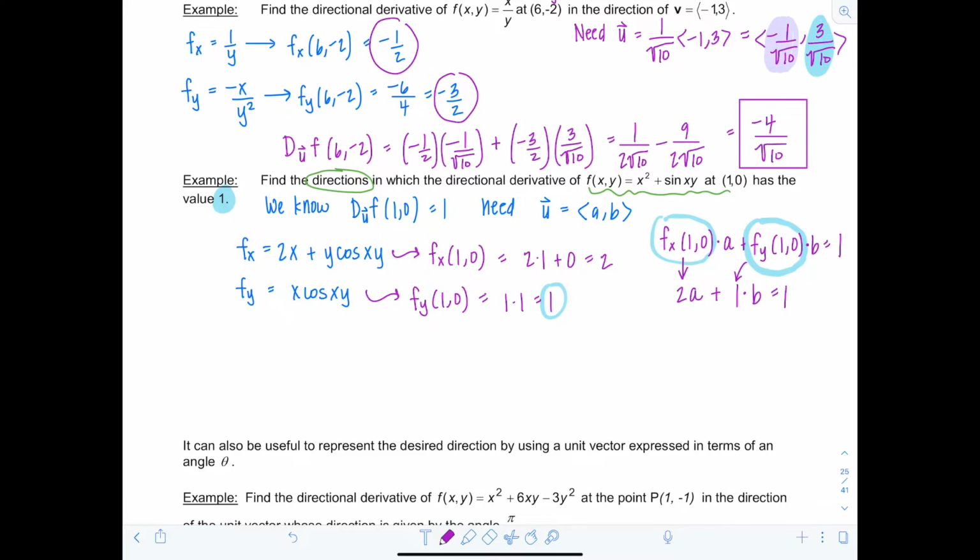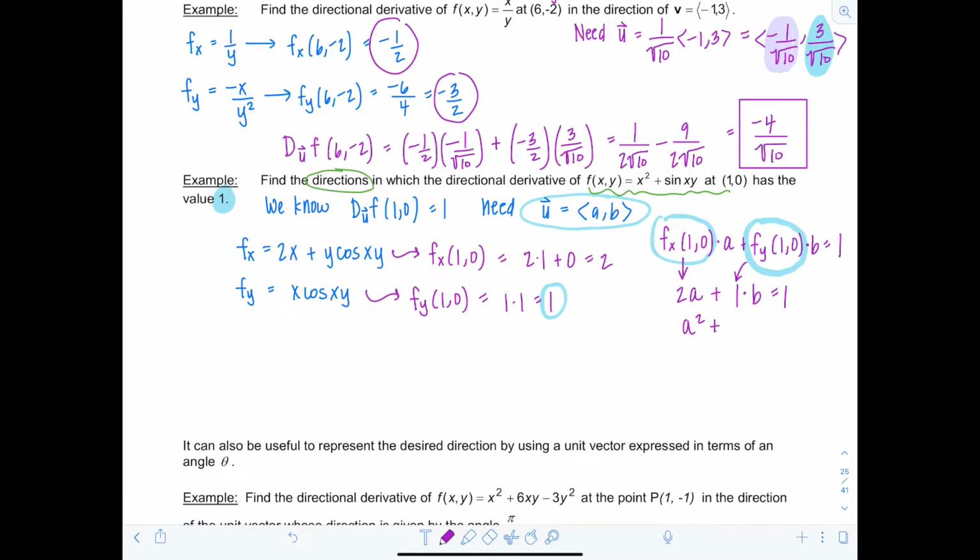Okay, so that's good. However, I have 2 unknowns and only 1 equation at the moment, which is problematic. How can I solve for a and b? But I'm not using one other piece of information, and that's the fact that u is a unit vector. So what does that mean? That means that its magnitude is 1.